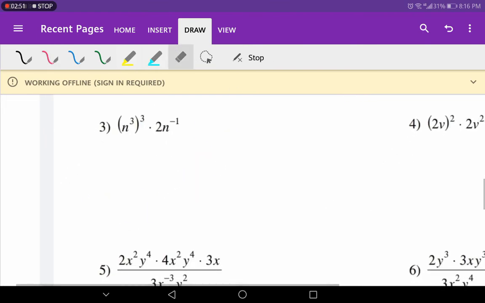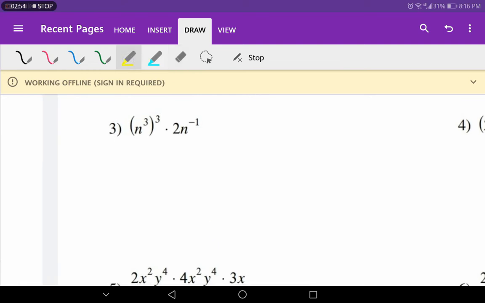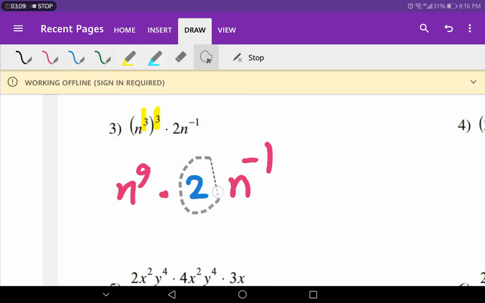Let's move to number 3 here. As we said, this is power with power, so it is n with power 9. Multiply 2 with n with negative 1. The coefficient, we move it to the front.